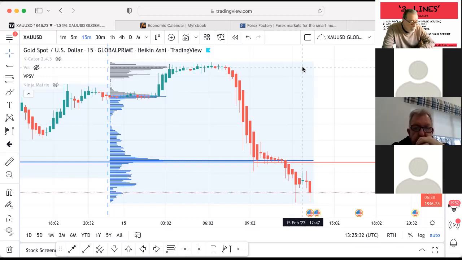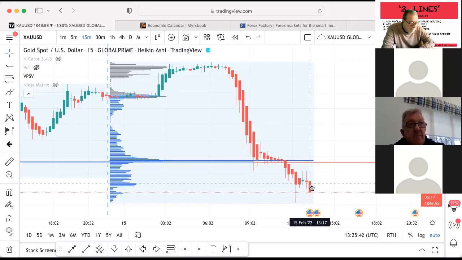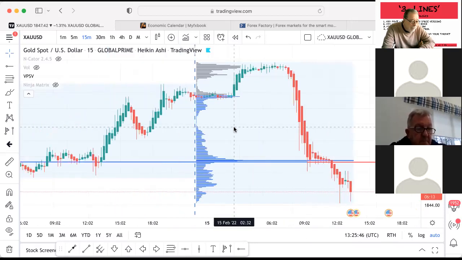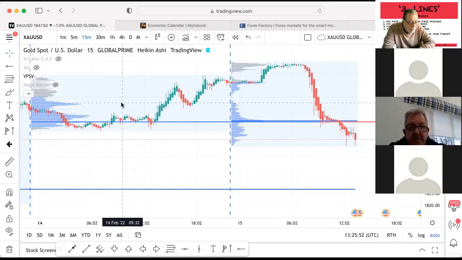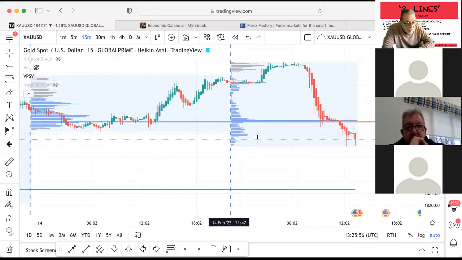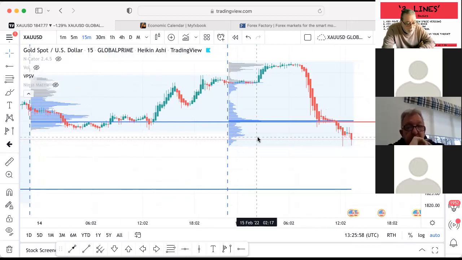So bounce or break, it's a bit of a support and resistance, and that level there is also a support and resistance, and that level down there will also be a support and resistance. And if I go back to yesterday, so we're looking at yesterday's as a target for today. Now, yesterday's point of control is very close to today's point of control.